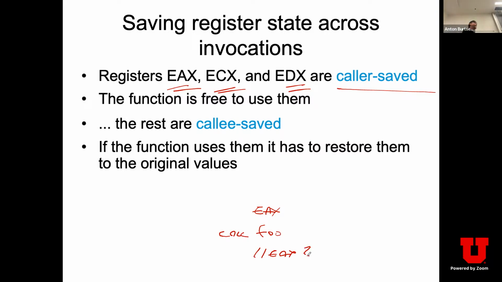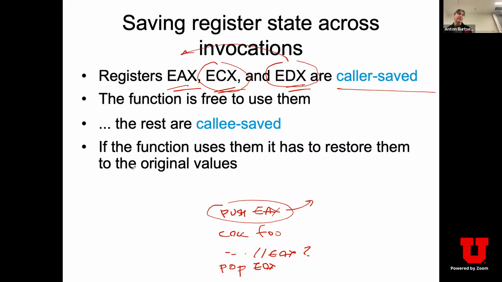That's logical because EAX is a register which is dedicated for returning a value, right? So naturally you will lose it. If you need an old value of EAX, you have to push it here, do something with the new value of EAX, and maybe pop it here again, right? Or maybe save it in one of the registers which the callee has to save and restore, right? But the other two are ECX and EDX. EDX is also part of the return value. ECX is just a register to make sure that you have one.